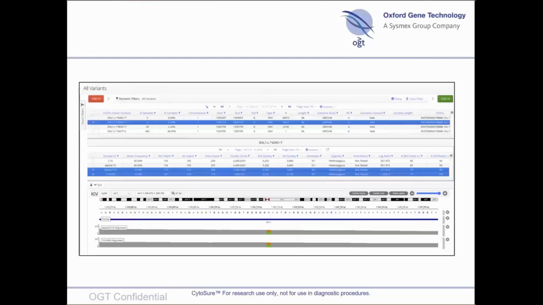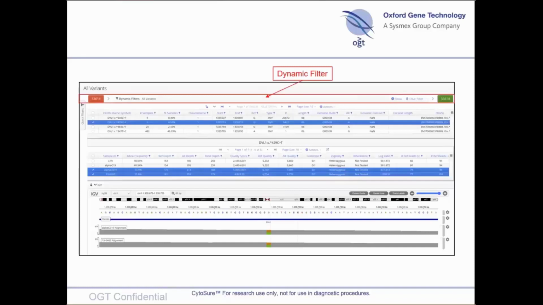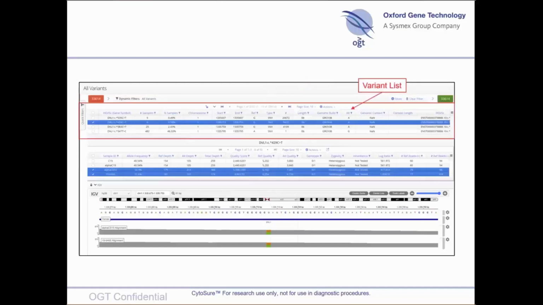So as with the previous view, this is divided into sections. There's another filtering part. This is actually a dynamic filter because now we've moved beyond the pipeline. This is a filter where you can filter the variants which have been found and are stored in the database. Below that, you can see here is the list of different variants.